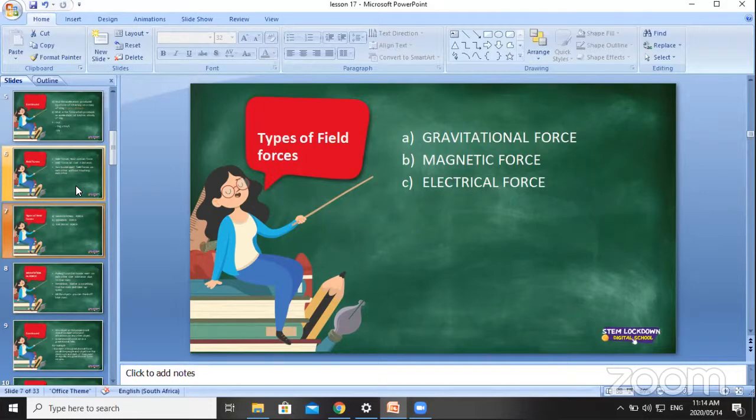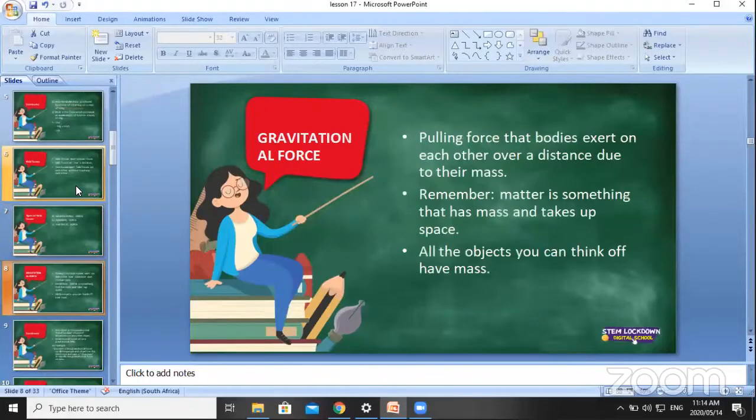Okay, let us now look into gravitational force. Remember yesterday we spoke that the Earth has a force of gravity, which says whatever goes up must come down. Now we're saying this gravitational force is a pulling force that bodies exert on each other over a distance due to their mass.